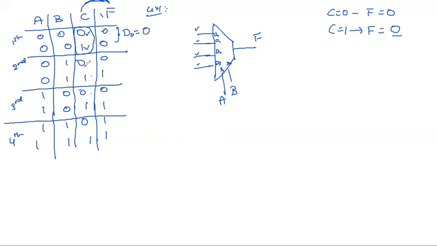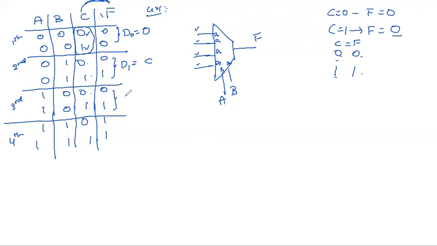Okay. Now observe C and F for the second part. C and F both are equal. So for the second part, D1 is equal to how much? C. Both are same, so we write C. Again, both are same.